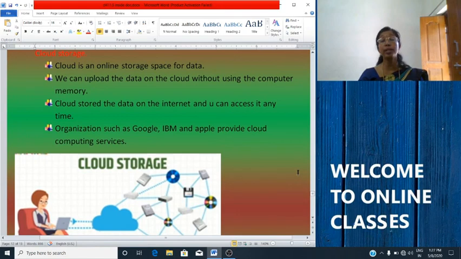You can download your data anytime, access it anytime. This type of internet service is called cloud computing. Organizations such as Google, IBM and Apple provide cloud computing services.